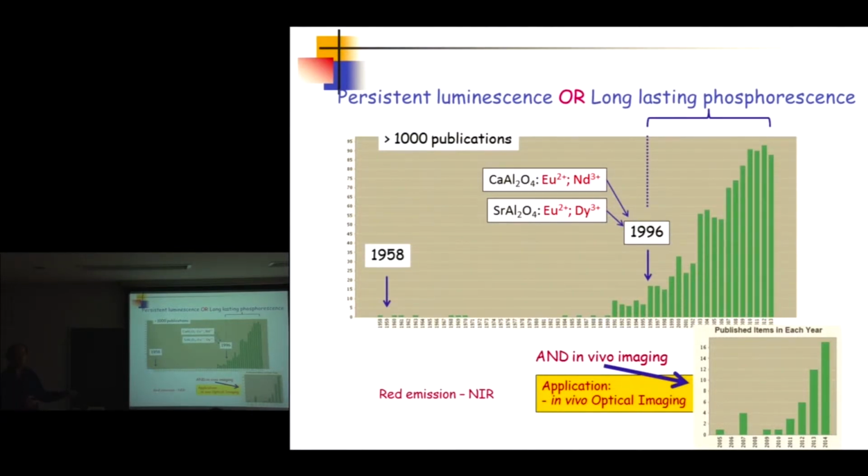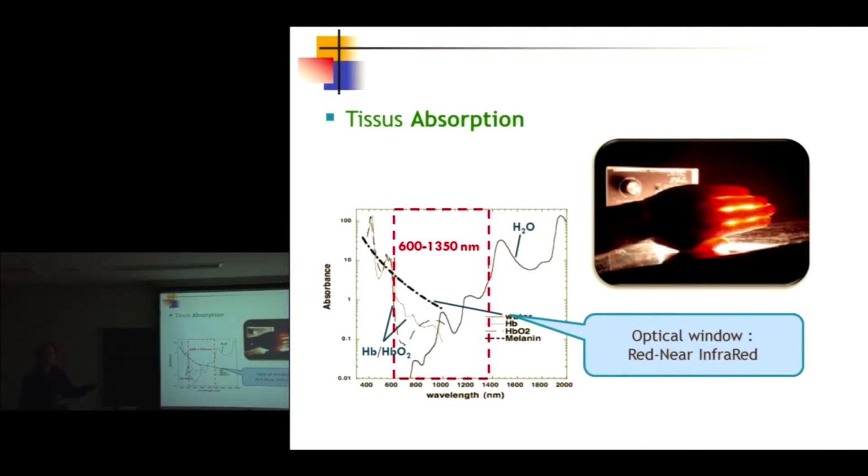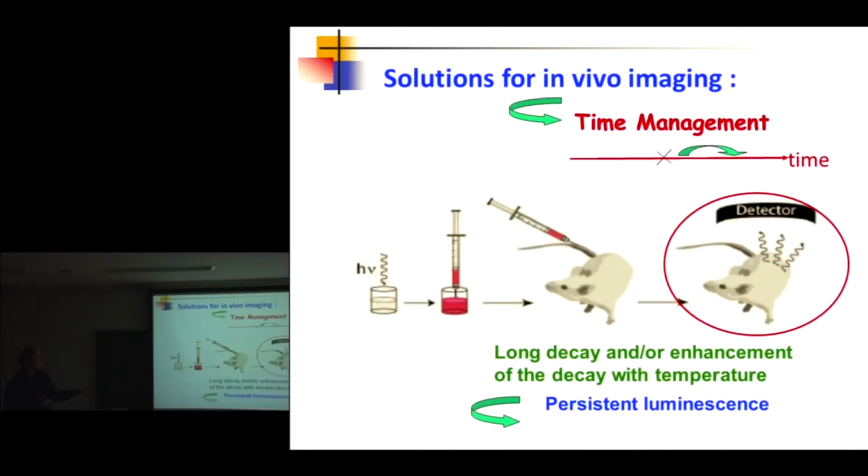And I am pleased to see that several other labs are looking at this for application. What's interesting is that we use the transparency of the body in the near-infrared range, and the way to do that is to use persistent luminescence.